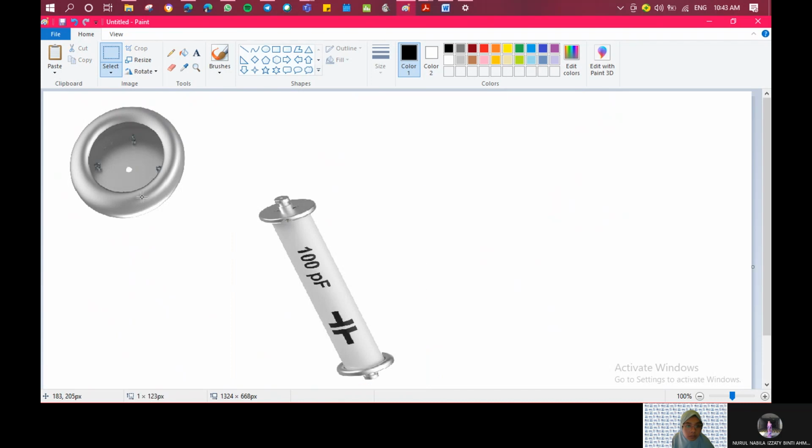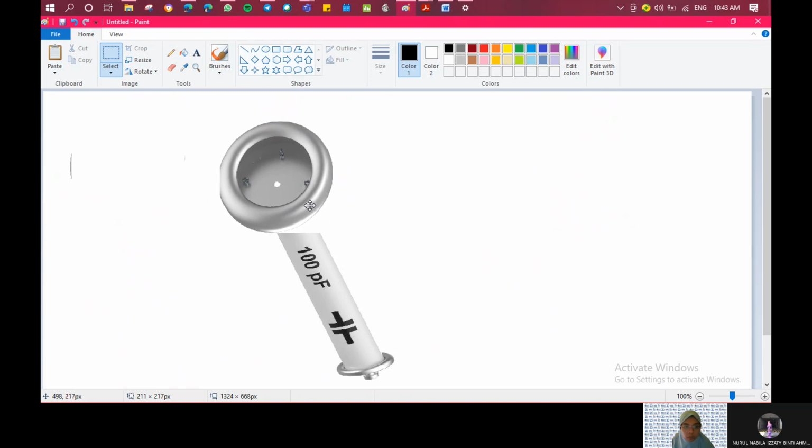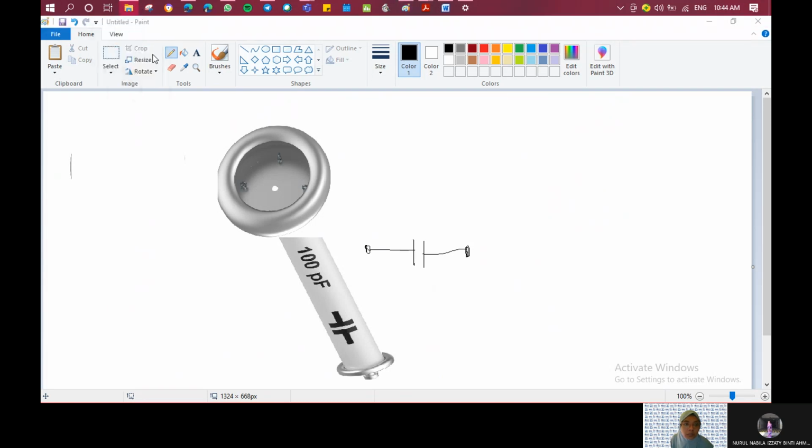Okay, this top electrode goes on top of the measuring capacitor itself. This is the terminal, the symbol for capacitor. I think I need to open.